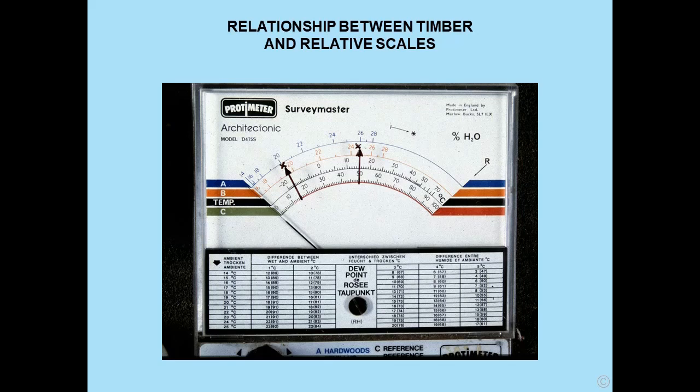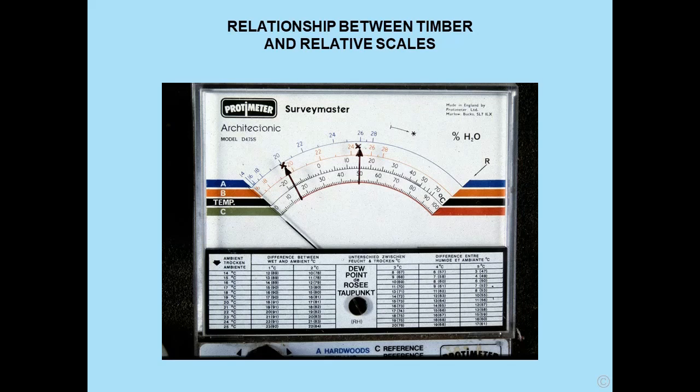If we project those to the timber scales, funnily enough, that figure happens to match the 20% figure, a figure that people regard as vulnerable for timber to be at fungal decay. Again, 50% full scale deflection on the bottom scale, the relative scale, corresponds to 25-26% on the upper scales.